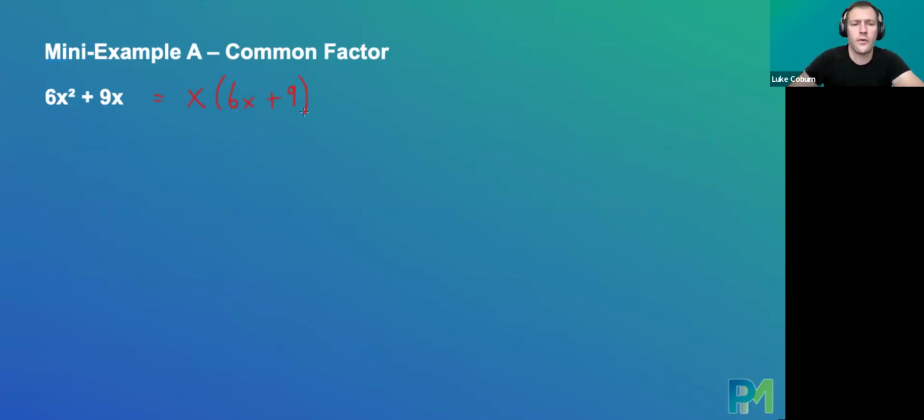Now, with this question here, are we finished factorizing? And what we can see is that actually there's a 3 in this bit here as well. So we could take a 3 and an x outside. We're left with 2x plus 3 here. Now, some of you may want to jump straight to here, right?